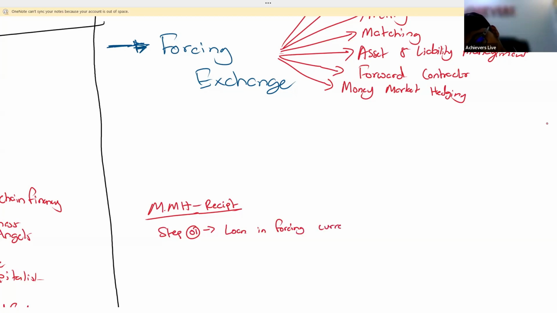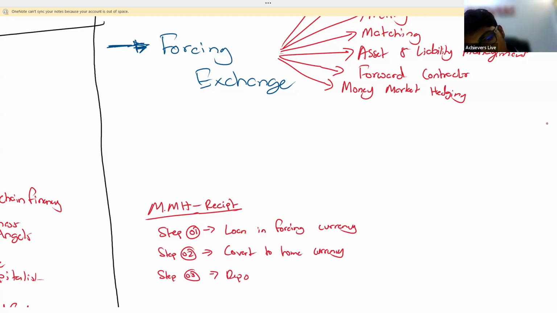Step two, convert to home currency. Step three, deposit in home country or currency.